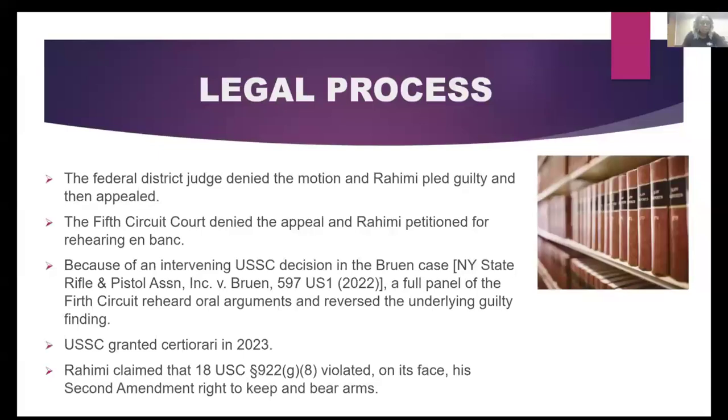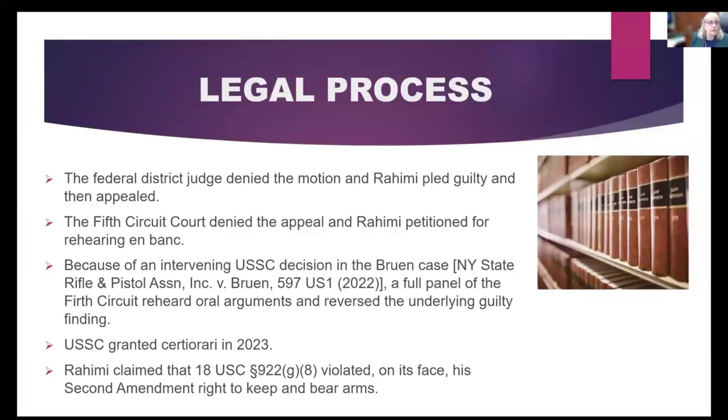Actually, I think I'm going to turn it over to you so you can start talking about the legal process. Okay, so again, we just saw the federal statute that was used. Rahimi was in federal court, and that was the federal statute that was used to convict him of possession of a weapon.